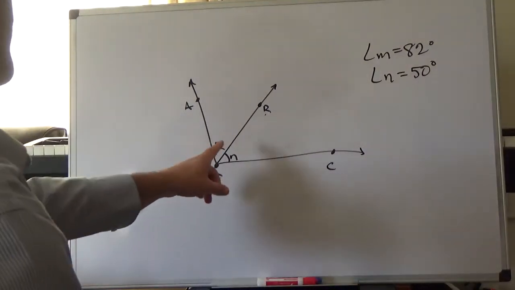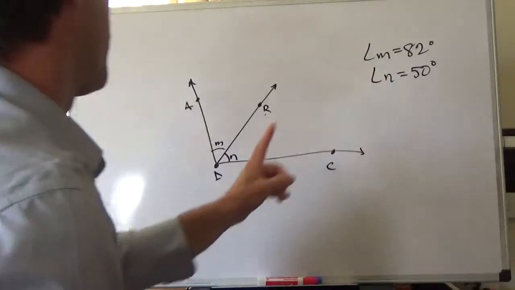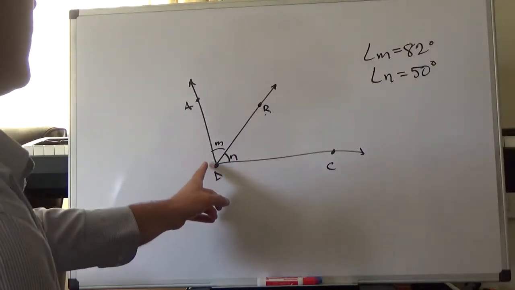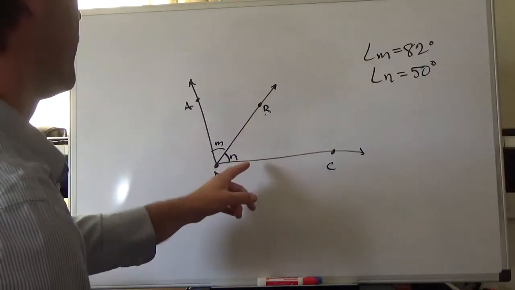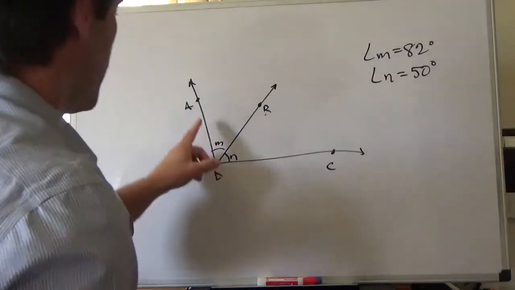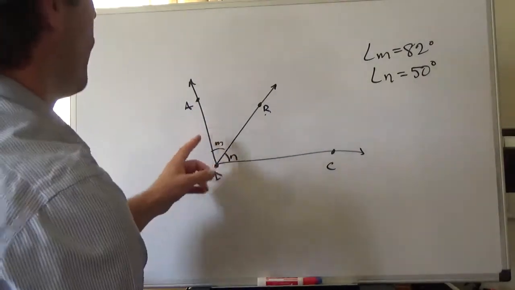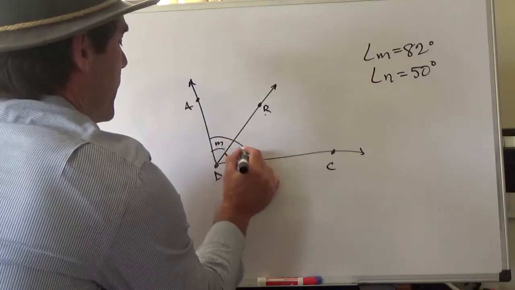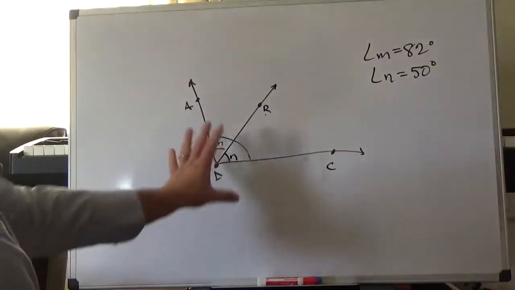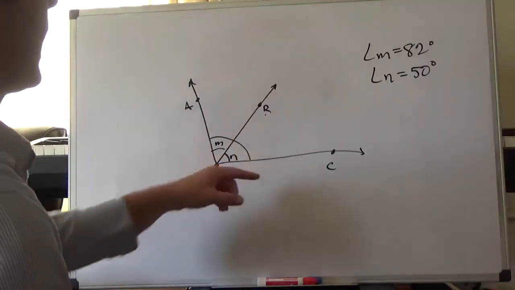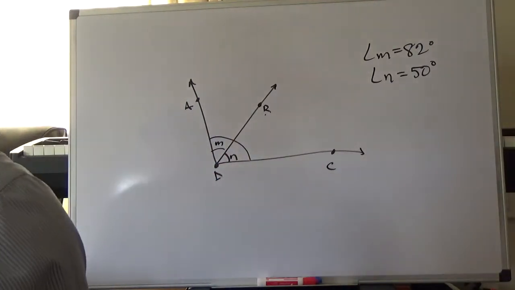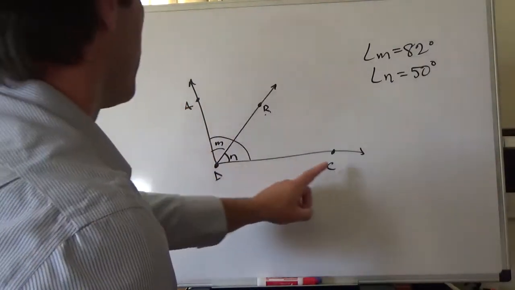So if M equals 82 degrees, and angle N equals 50 degrees, what would this entire angle be? I realize this drawing doesn't really reflect that, but what would angle ADC be?